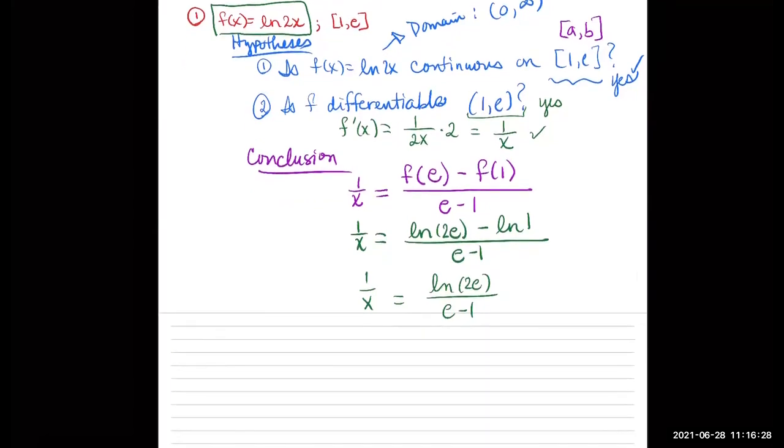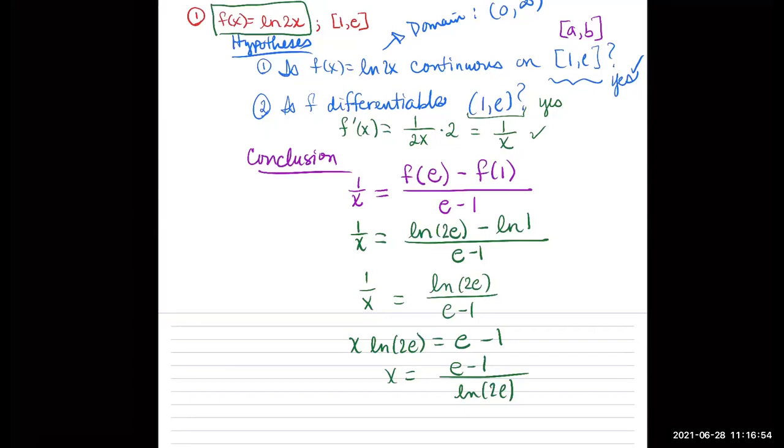So you can think about that as cross multiplying if you want. I just have one fraction on each side. So x is equal to e minus 1 over the natural log of 2e. So I only got one solution to that. So I know that has to be the solution guaranteed by the mean value theorem.